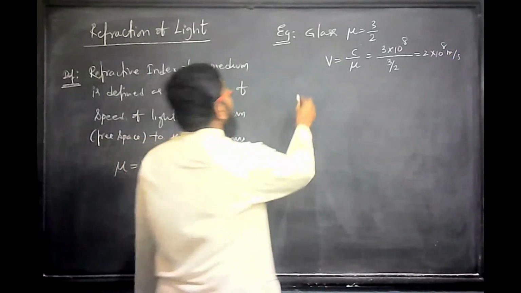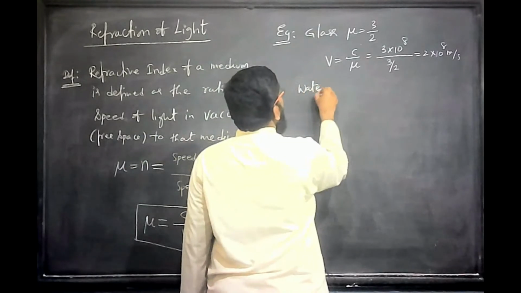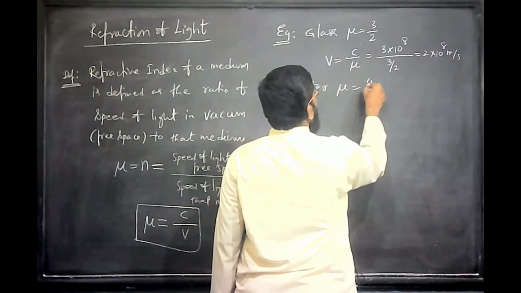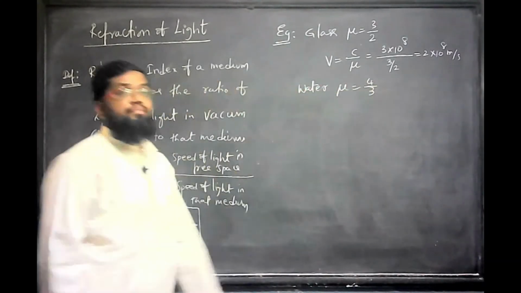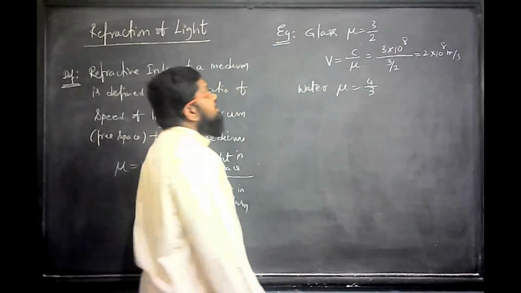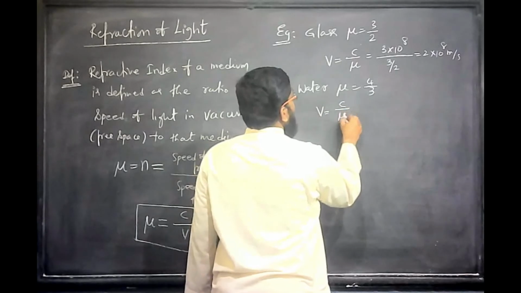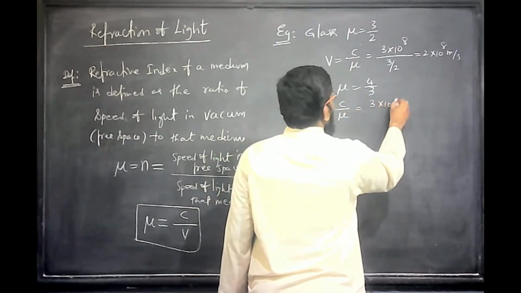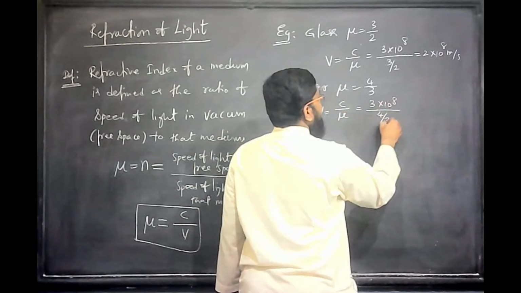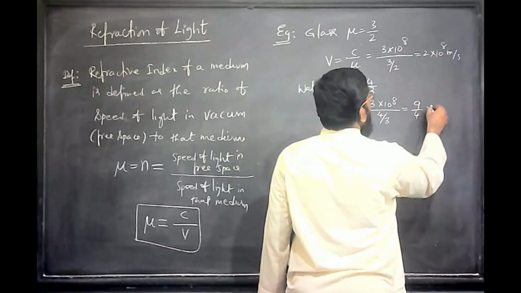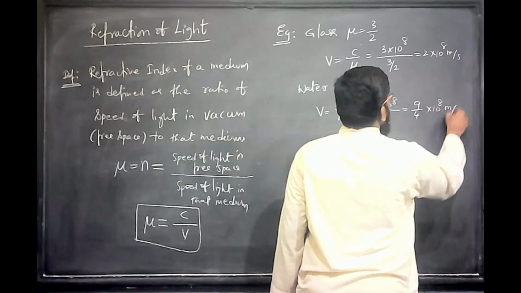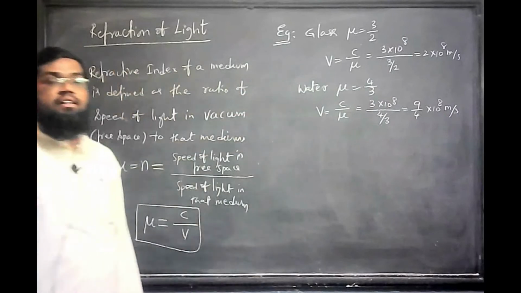Now I will take water. The refractive index of water is 4/3. So the speed of light in water will be C divided by mu, that is 3 into 10 power 8 divided by 4/3, which is 9/4 into 10 power 8 meters per second.